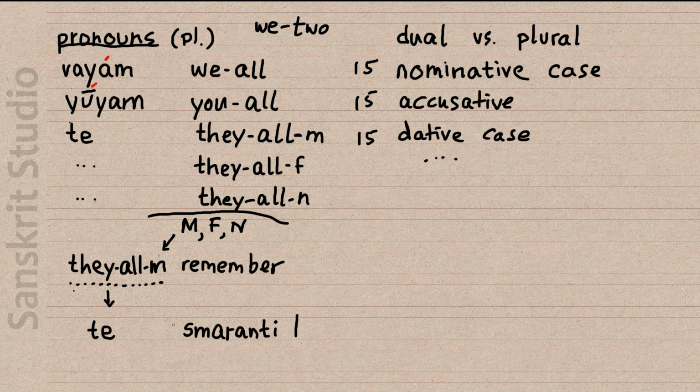Alright, so if we take smarati then, we have one form here. So this is third person plural. And then what we do, if an exercise would be we all, let's say we have we all remember.